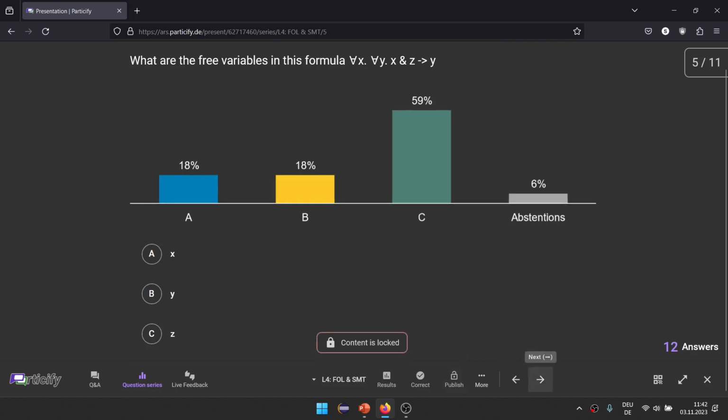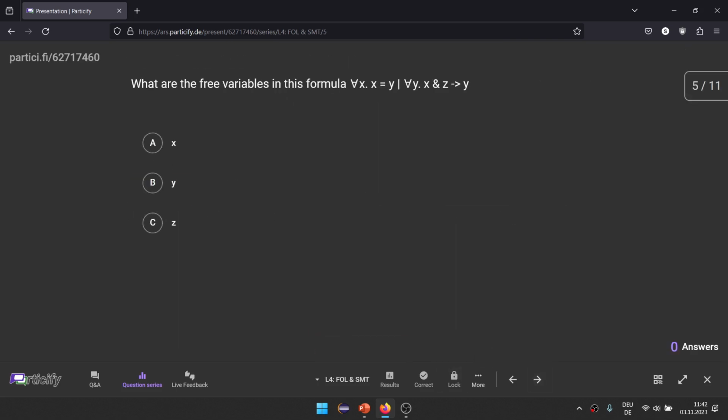Then let's have a look at the next one. What about this formula? Now that's a bit tricky. For all x, x equals y, or for all y, x and z implies y. So now the question is, which binds stronger?